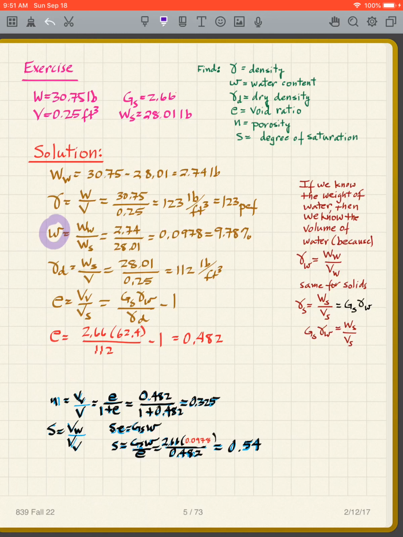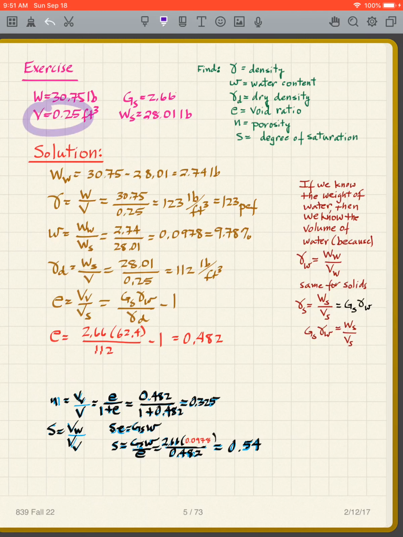The water content is weight of the water over weight of the solids. We've already come up with the weight of the water. And we have the weight of the solids. I divide those two. I get 0.0978. And we generally put that into a percent, so 9.78%, even though it's not a true percent. The gamma D is, by definition, weight of the solids over the total volume.